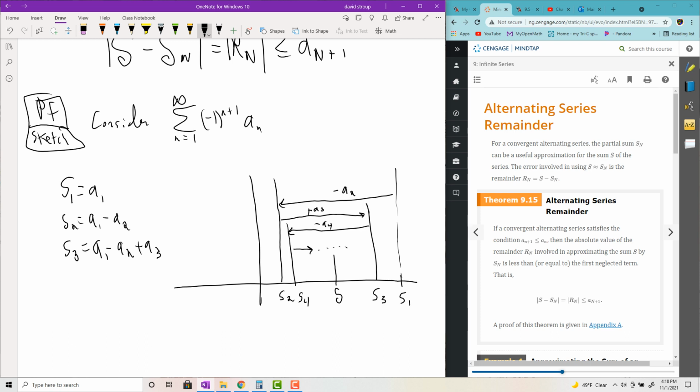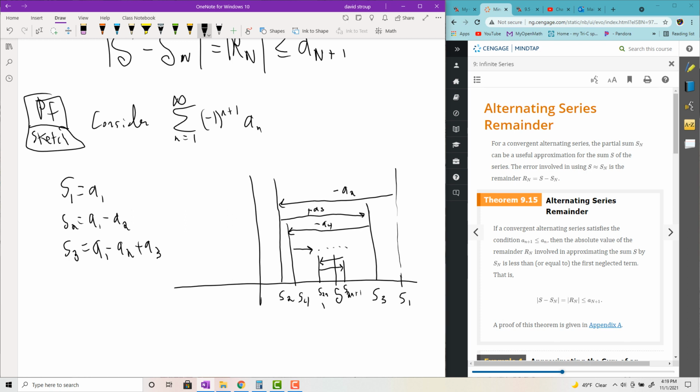And for any lead into that point, what would happen? You would be left here with s sub 2n, and then you would add in some other value, a sub 2n plus 1, and you would have your partial sum s sub 2n plus 1.